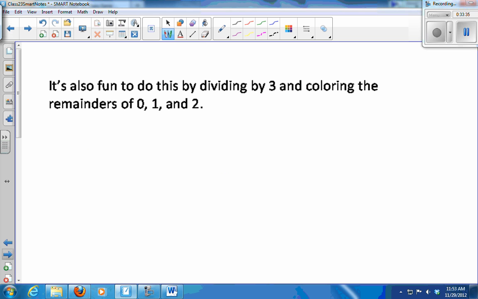If you divide by 3 and you color the remainders 0, 1, and 2 three different colors, you see Sierpinski's triangle again. It's just a more colorful version. And if you divide by 4 and you color the remainders 0, 1, 2, and 3 different colors, then you see Sierpinski's triangle again. Probably gonna need a bigger triangle. You need a bigger triangle, yeah. Yeah, exactly.